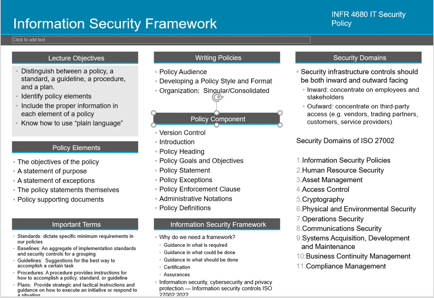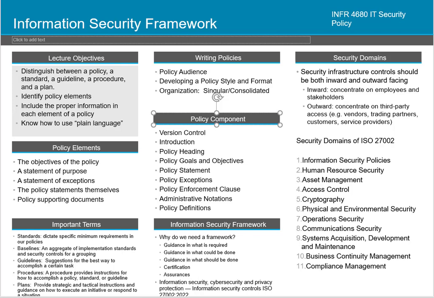So in most policies, there will be components that comprise the policy document, which you need to be careful of in establishing the structure of your policy document. So there'll be something around version control. Policies go through various iterations over the course of their life cycle, so you need to establish what version you're working from.